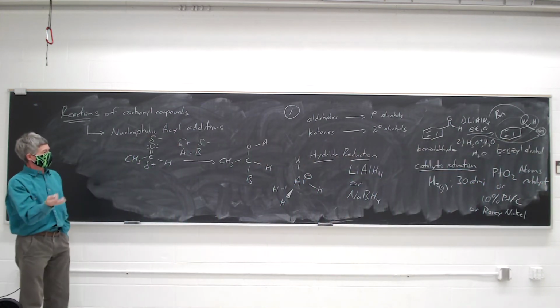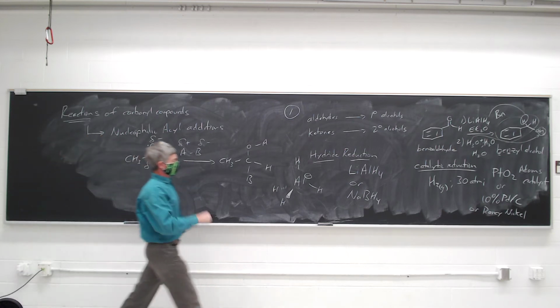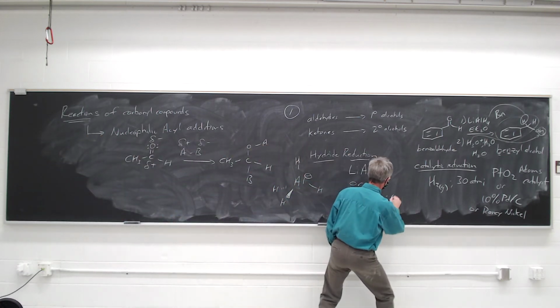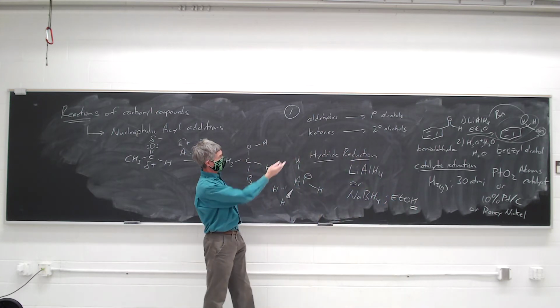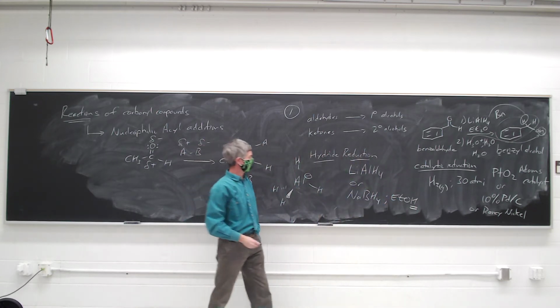For sodium borohydride, the solvent is ethanol, in which case the hydrogen that ends up attached to the oxygen in the alcohol comes from the solvent.